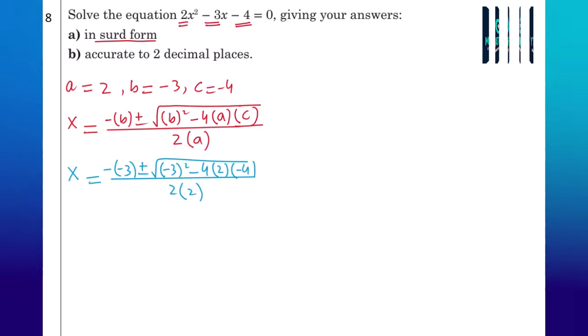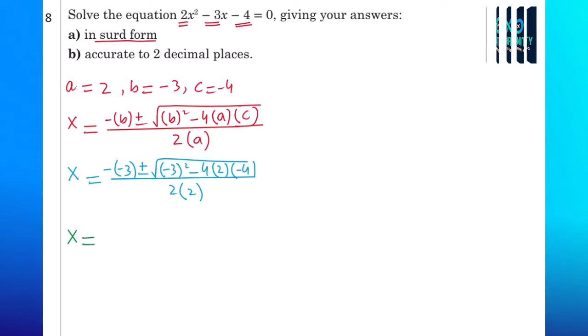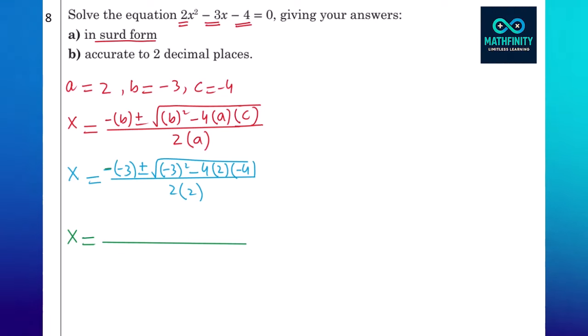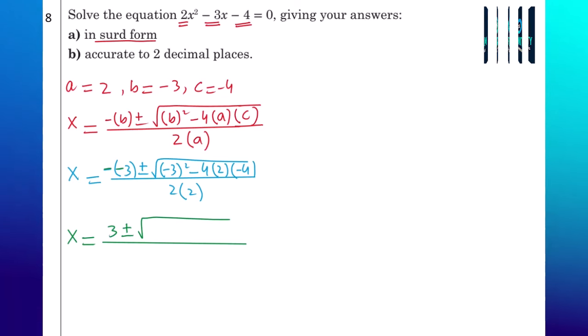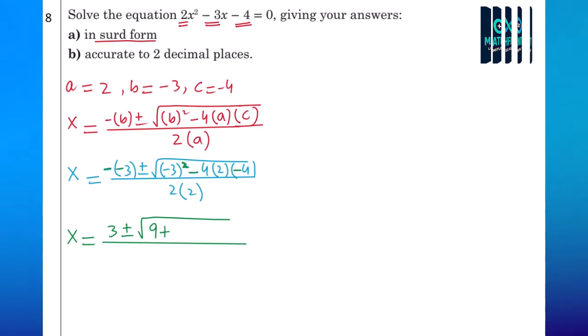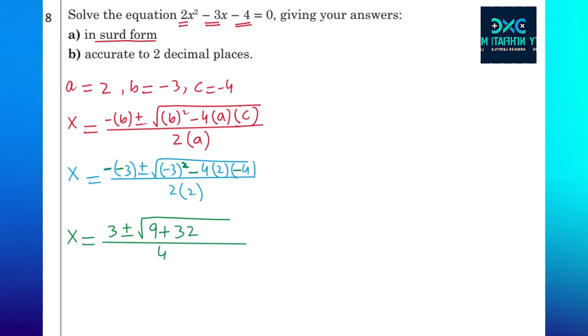Now we will solve this one. Negative is going to multiply with negative, so it will be +3, plus minus 9, because 3 square is 9. Okay, and this negative and this negative will become positive. So 4 times 2, 8. 8 times 4, 32 over 4.